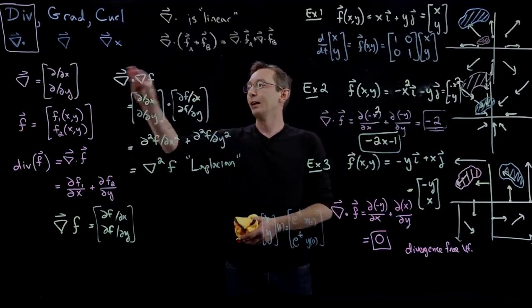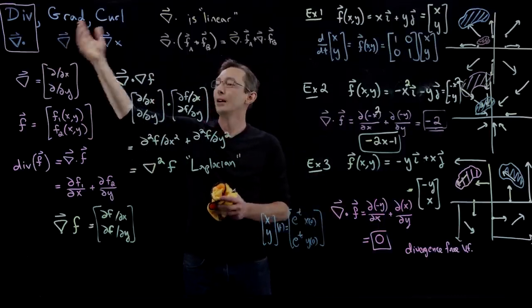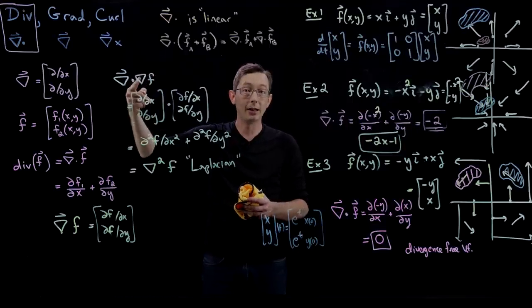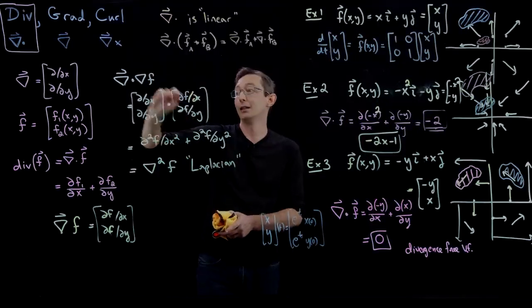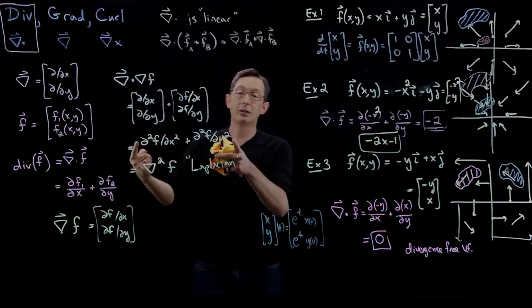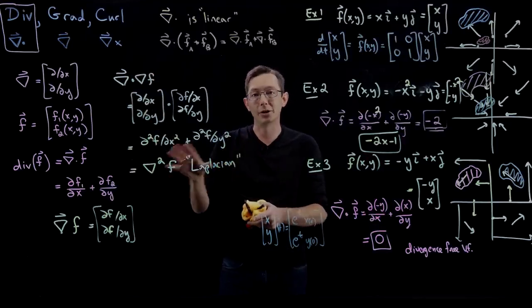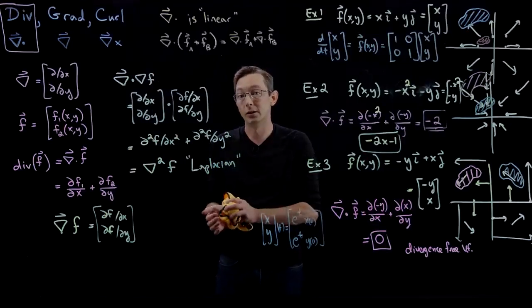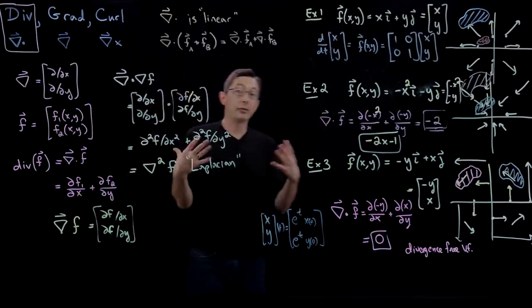But I just want you to be very comfortable using these building blocks together. If I have a scalar function, I can compute its gradient to get a vector function. If I then take the divergence of that vector valued function, I get another scalar valued function. That scalar valued function, the div of the grad of f, is called the Laplacian, and it's a very, very useful quantity.